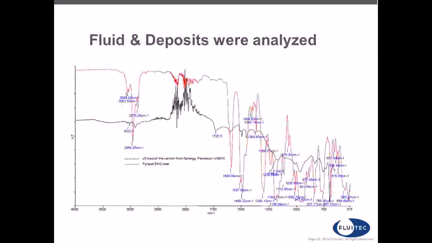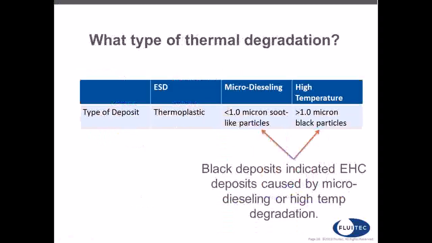So we knew that there was some kind of thermal degradation happening. We knew that it was a black carbonaceous type material, and so we thought, well, it's probably one of three things. It did not exhibit any thermoplastic-like behavior, so we ruled out ESD, and we narrowed it down between microdieseling or some kind of high temperature reaction.